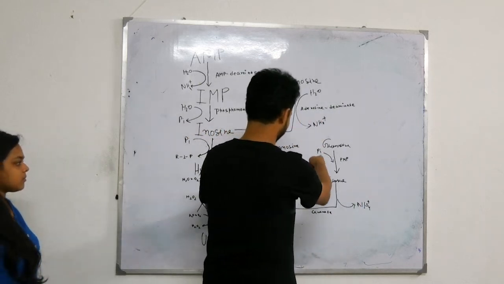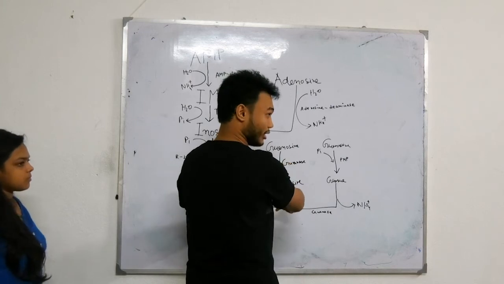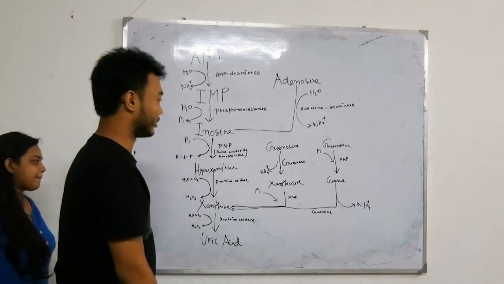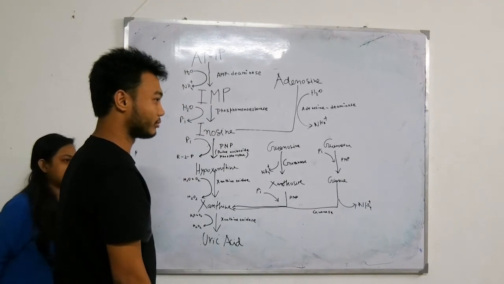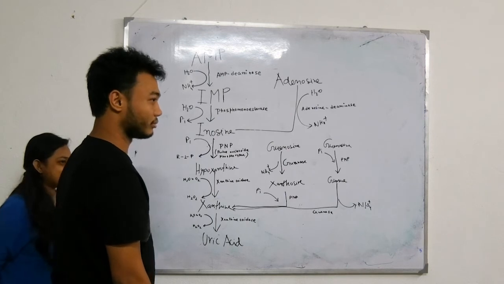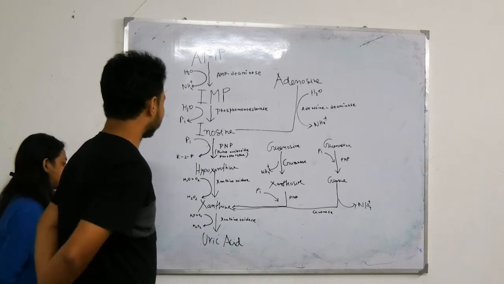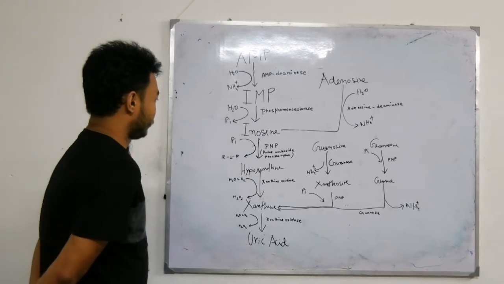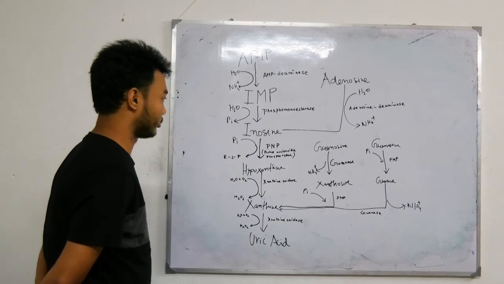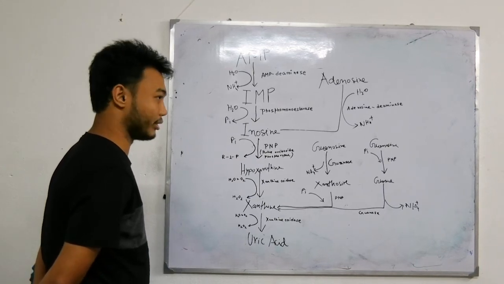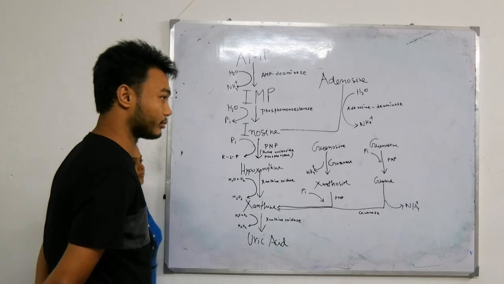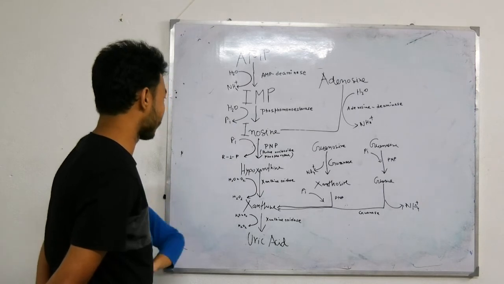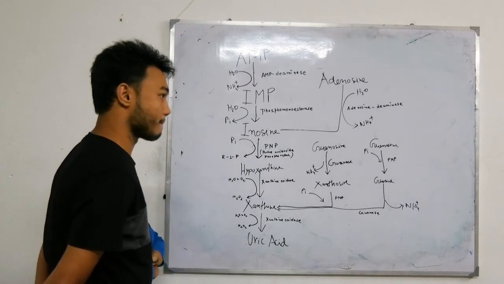So these are opposite reactions: this is first deamination then phosphorylation, and this is first phosphorylation then deamination. This is correct, everything is correct. So AMP to xanthine is one pathway, another is adenosine to inosine and inosine to xanthine, guanosine to xanthine. Both are correct.